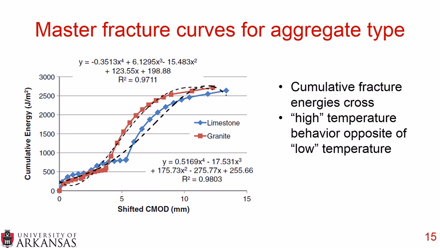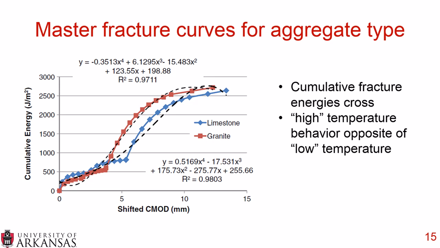We could go through a similar exercise with limestone versus granite. And a trend that we saw here is that the cumulative fracture energies cross. So the high temperature behavior, which is those higher cumulative fracture energies, are actually the opposite behavior of the low temperature cumulative fracture energies.